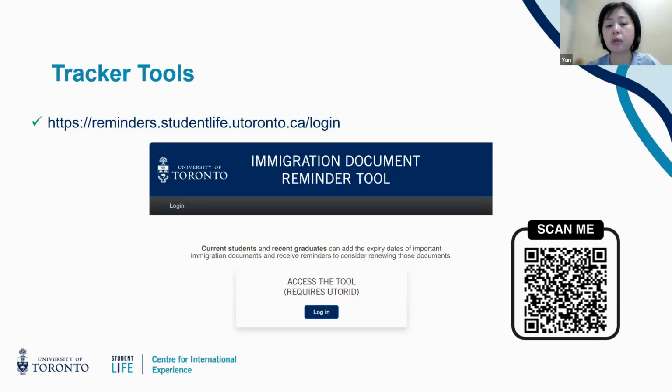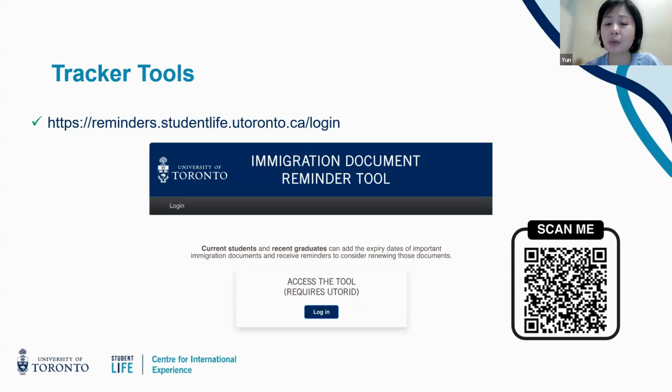So with this tool, what you can do is simply enter the expiry date of your documents in the tool, and then when it is about to expire, the tool will send you a reminder. Hey, your study permit will expire in 30 days. Please submit an extension in time.